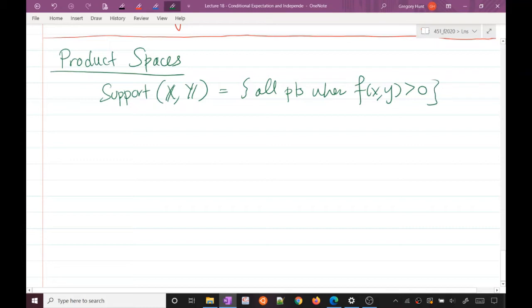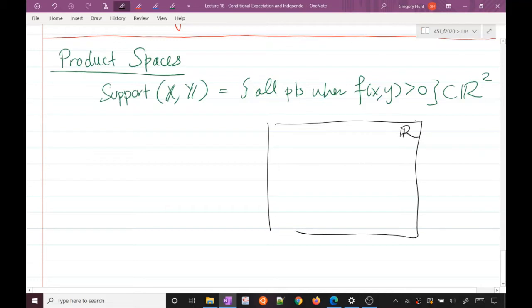And this is a subset of the real plane. So just like for univariate random variables, the support is where the PDF is bigger than 0, or PMF is bigger than 0. All right, so for bivariate random variables, this is our R2 space. The support can take on some set. Maybe that's what the support looks like.